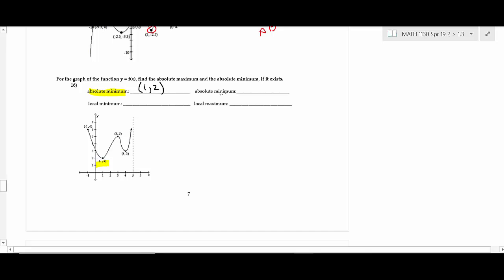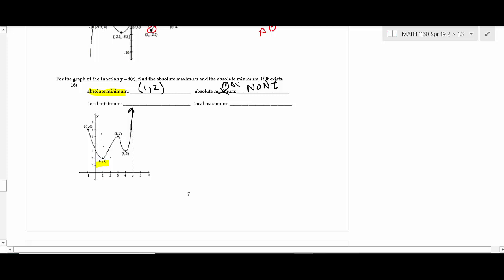Now, I think I meant to type that as absolute max. Okay. Does this graph have an absolute high point? No. How come? There's an arrow. Okay. So that thing's going on forever like that. So it does not have an absolute maximum.